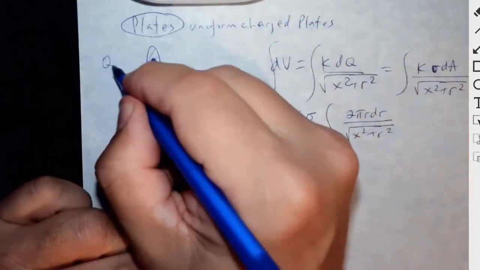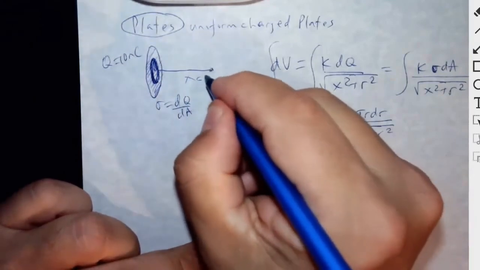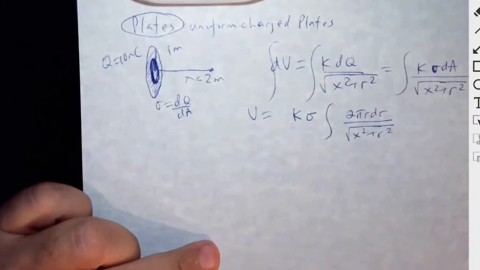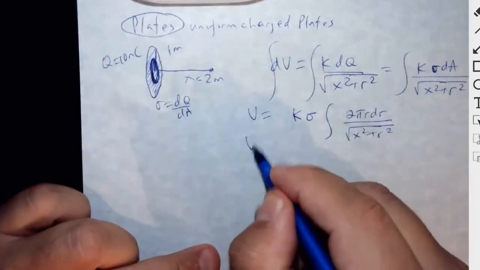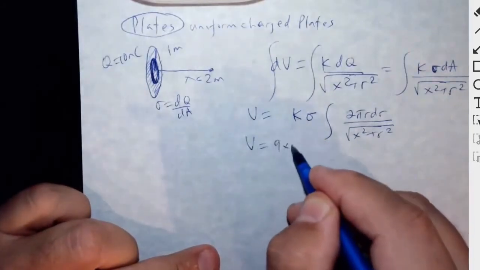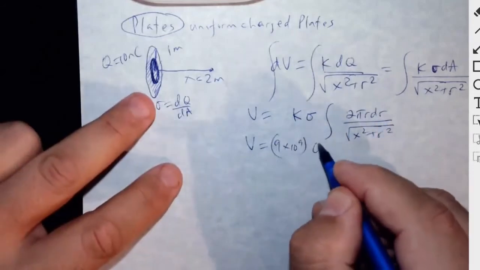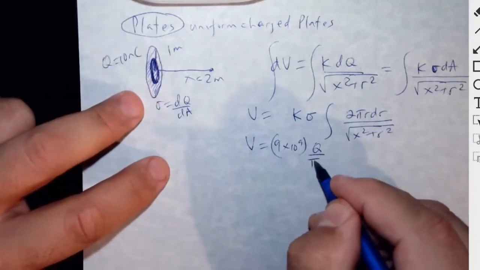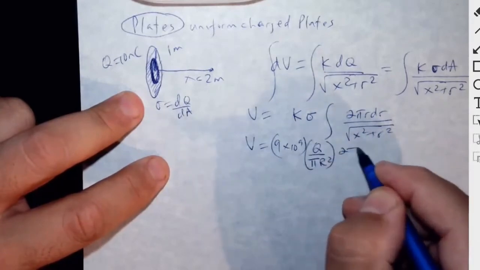So at this point, we could give this some dimensions again. Let's say the charge is again 10 nanocoulombs, x is 2 meters again, and the radius is 1 meter again. So k is 9 times 10 to the 9th. Sigma will be the charge divided by the area of that plate, which is pi r squared, times 2 pi that comes out of the integral.